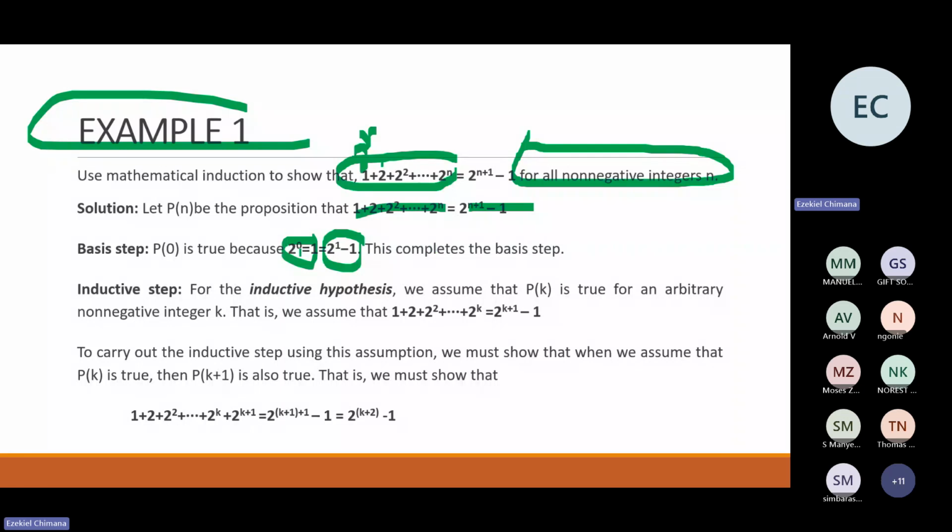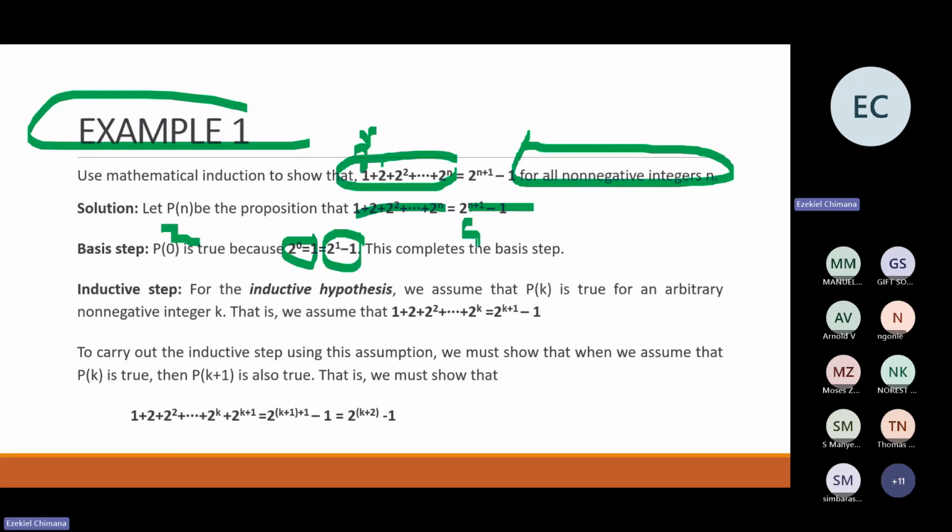What I was trying to explain is that let's say we have put our n as 2, p of 2. What were we going to get here? It was going to be 2 to the power 2 plus 1, which is 2 to the power 3, then minus 1. 2 to the power 3 is what?